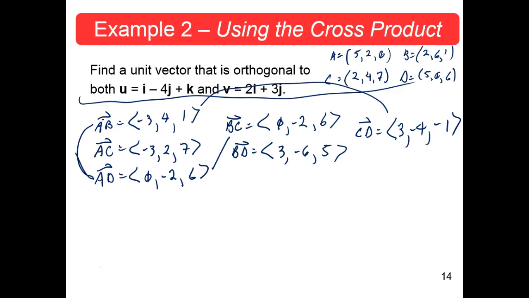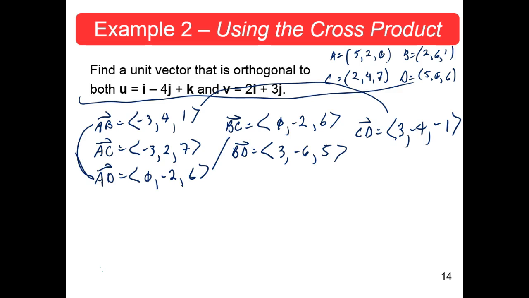They share A. Okay? Now, it doesn't matter which one you do. These two share A, those two share B, those two share C, and these two share D. So it doesn't matter which two you do, but just do the cross product of these two vectors.